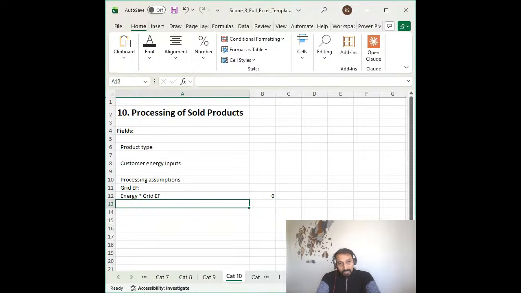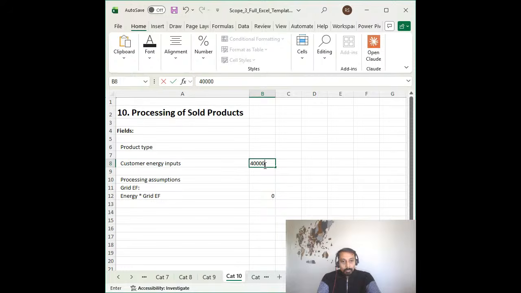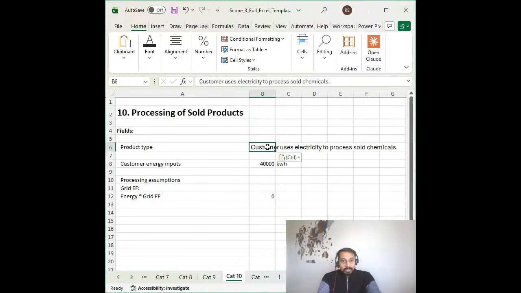So I'm taking just one example. Product type is the sold chemicals, and the energy utilized is 40,000 kWh, for example. And here I'm just mentioning that the customer uses electricity to process the sold chemicals, so that you can understand what processing is happening.